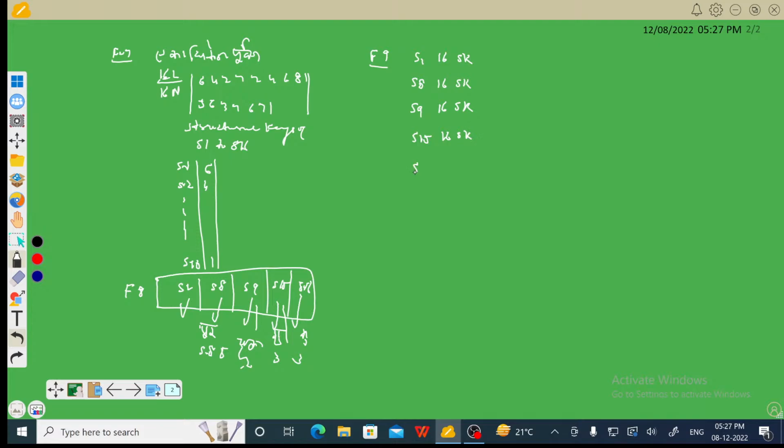And Sutra 16 as well has 16 structural keys. So these 5 bunches of structural keys have the first sutra with its first structural key as the master structural key.